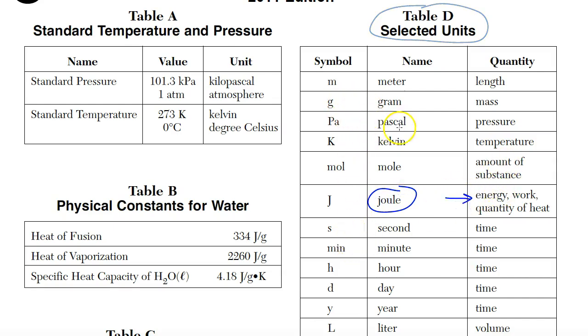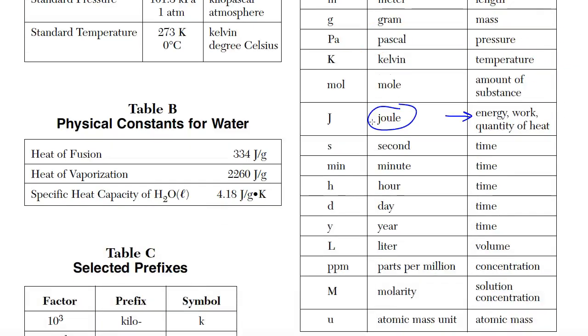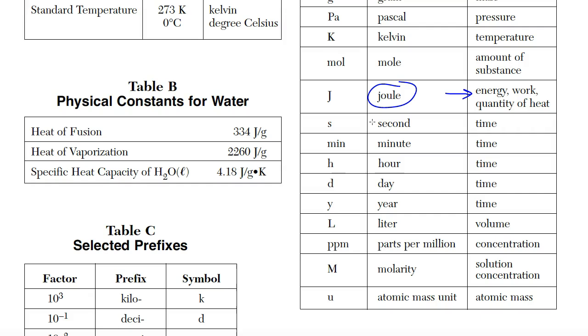Who's to say that there aren't other questions, I've seen a couple of them, that could pop up here for these selective units that we use throughout the course? Another one that comes up all the time, or at least it seems like in the last few tests, they've been using this weird U for atomic mass unit, like carbon 12 has 12 U's.